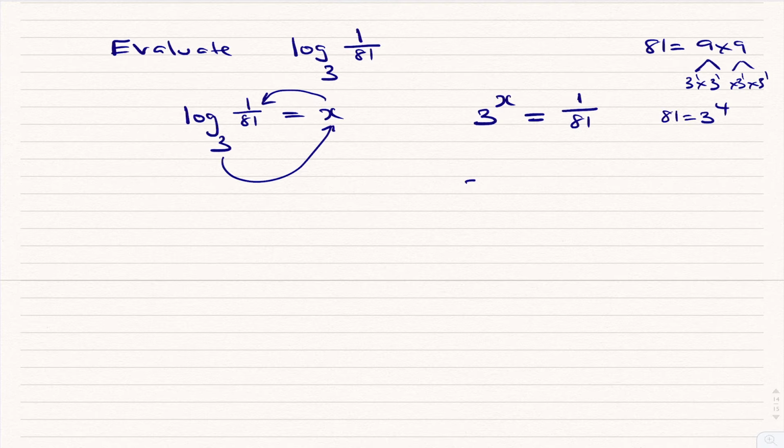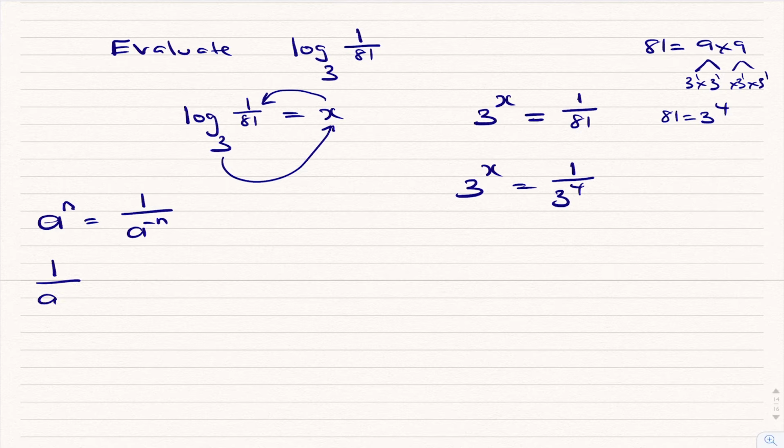Therefore, 3 to the power of x equals 1 over 3 to the power of 4. If I apply one of our indices rules, 1 over a to the power of n equals a to the power minus n. So that's one of our indices rules.